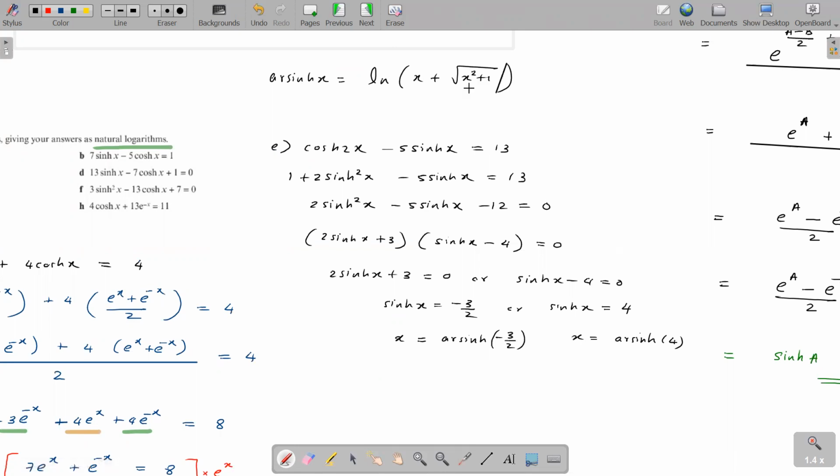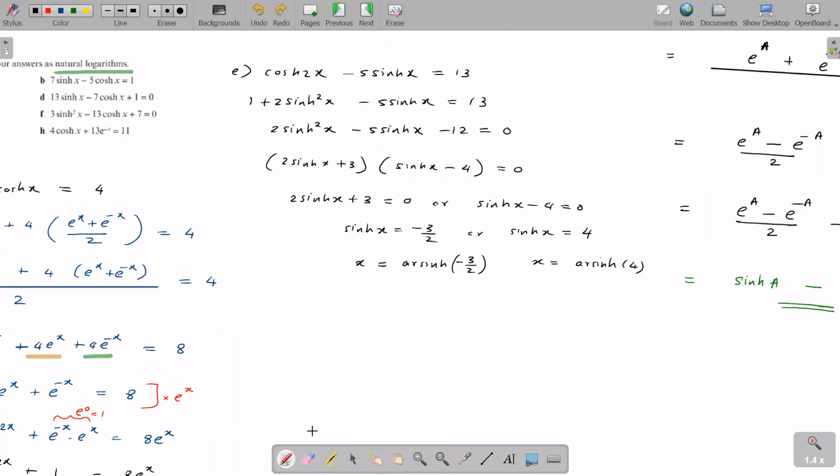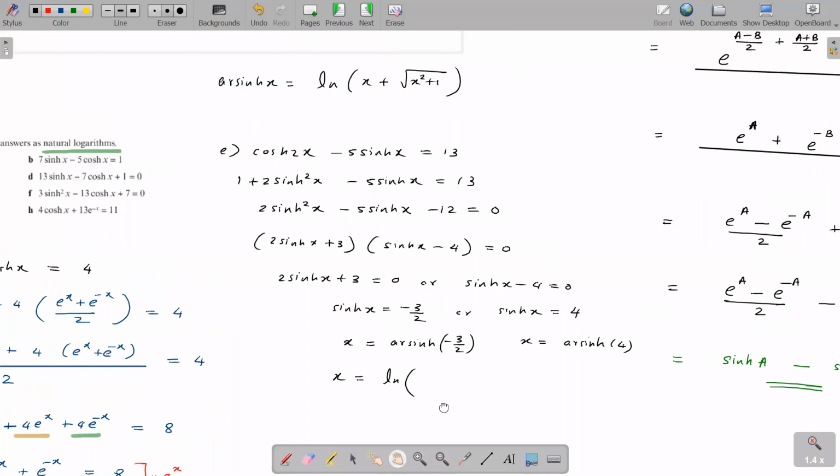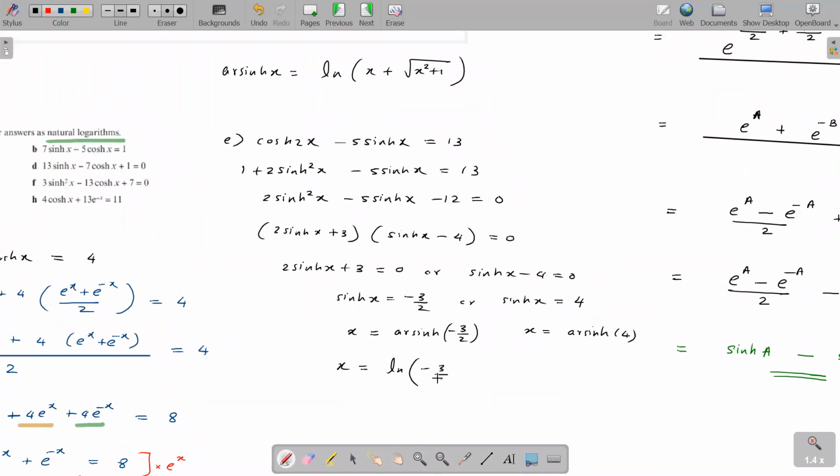All right, guys. So it's time to substitute those values. Simply substitute. So x equals natural log of, now your x value is minus 3 over 2, so minus 3 over 2 plus square root of minus 3 over 2 squared, which is 9 over 4, plus 1. That's one answer.